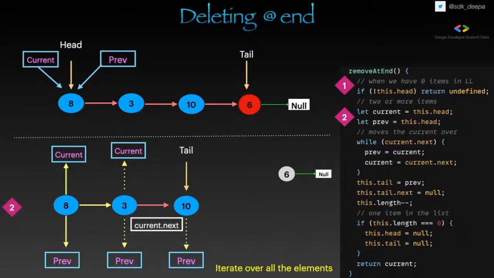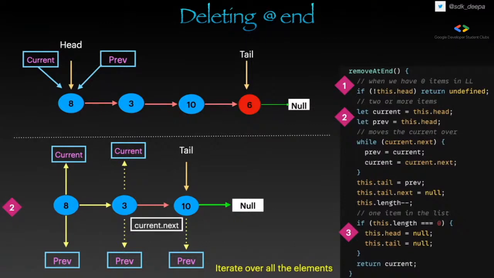And then tail.next points to null, and then you decrement the size. So you remove the item, and you also need to check for the last condition where there's only one item in the list. So there's nothing to remove per se, right? When there's one item in the list, go ahead and do this.